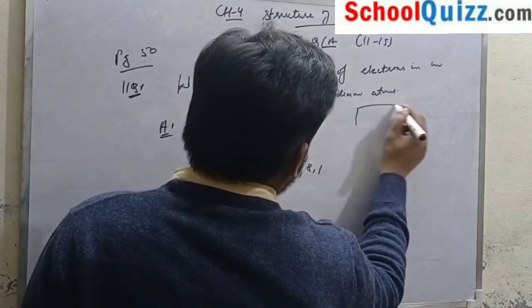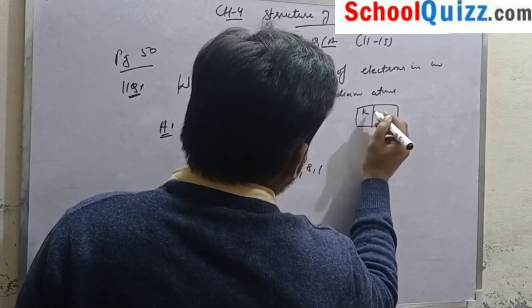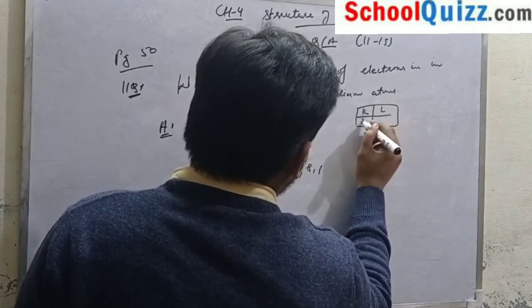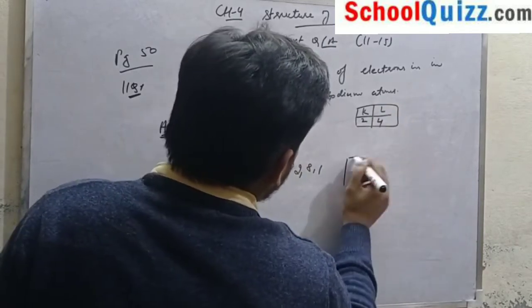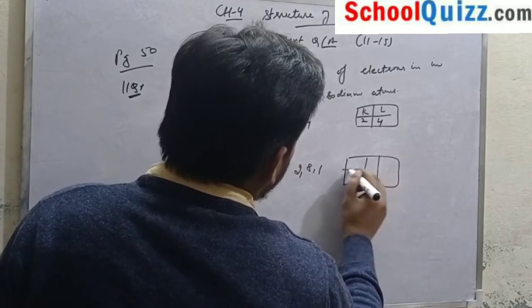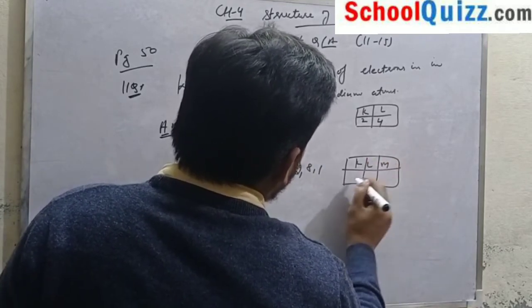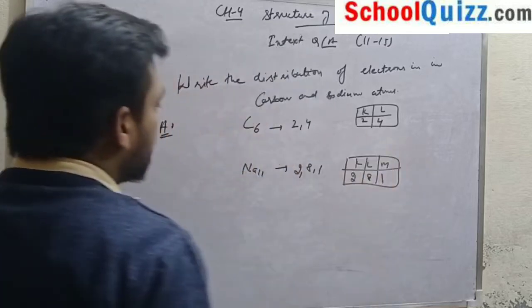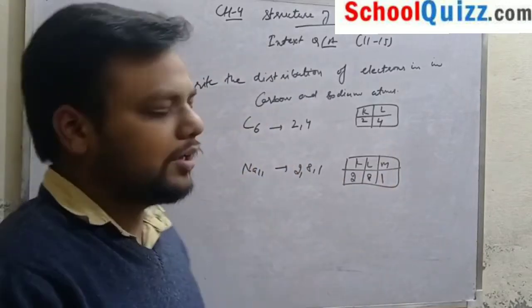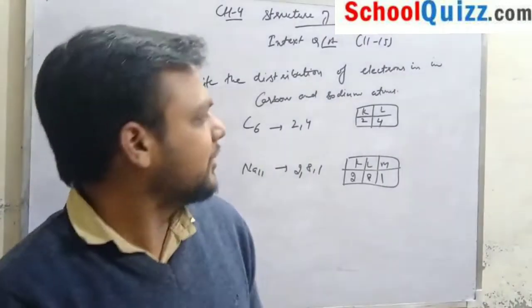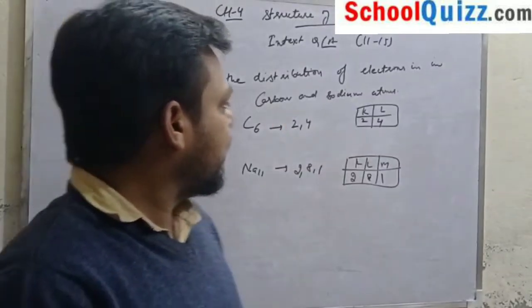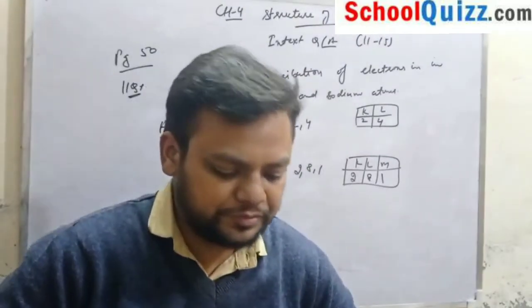Or we can write it like that: in the K shell there are 2 electrons and in the L shell there are 4 electrons, and for sodium in K, L, M there are 2 electrons, 8 electrons, and 1 electron. That is the distribution of electrons in carbon and sodium atoms.